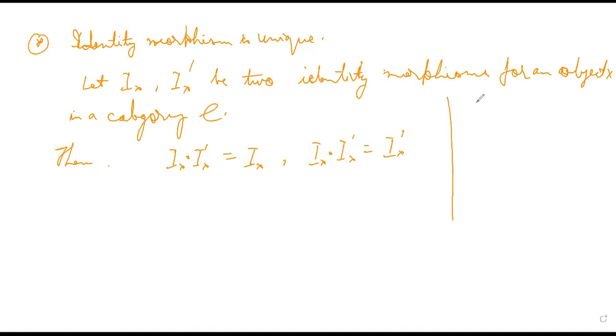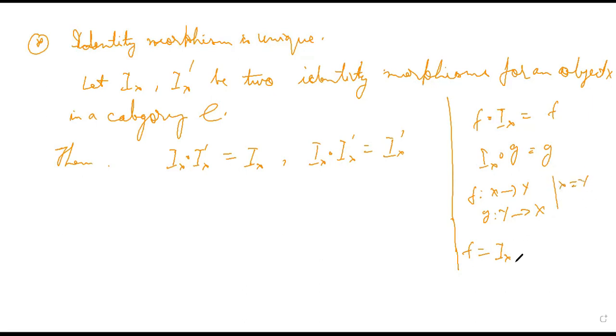From the condition Ix composed f equals f and g composed Ix equals g, where f was from x to y and g was from y to x, in the first case we have taken f as Ix, with x equal to y, and g we have taken as Ix prime.